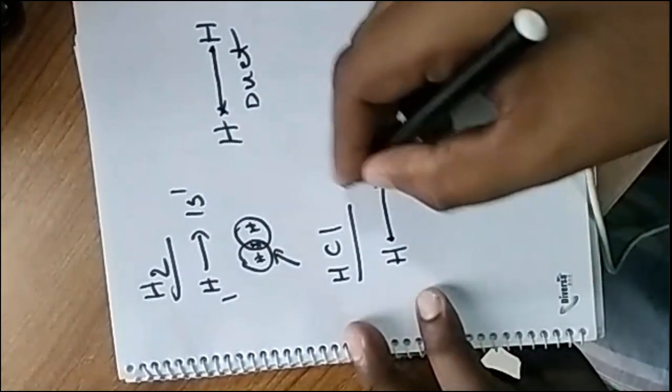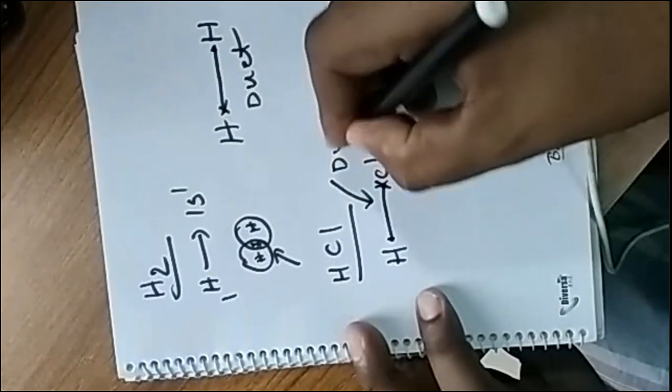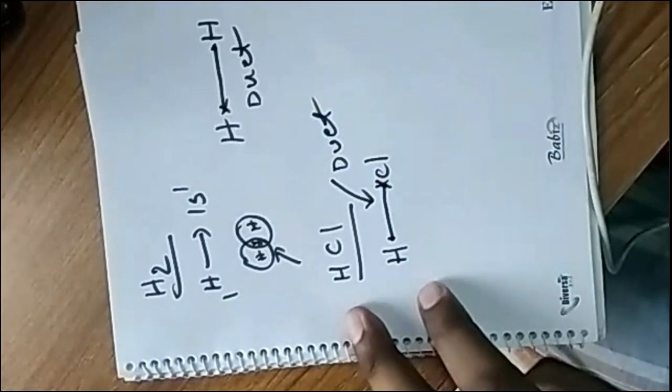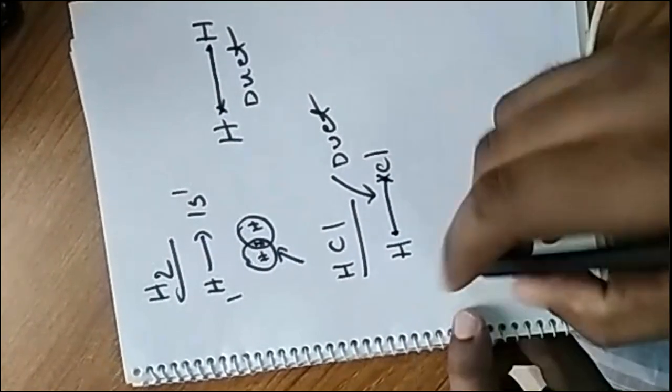So here the duet rule is followed. One electron from one hydrogen atom and another electron from the chlorine atom. By this way, they can follow the duet rule. I have already explained this duet rule and octet rule in my previous class.